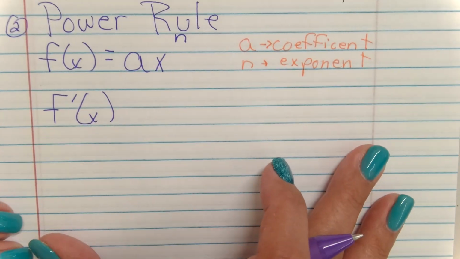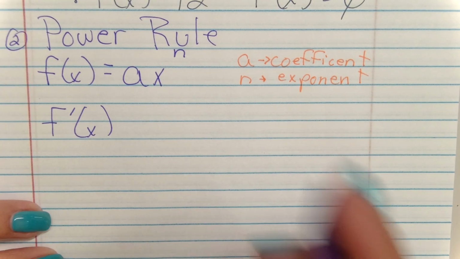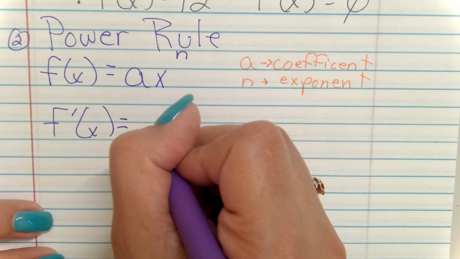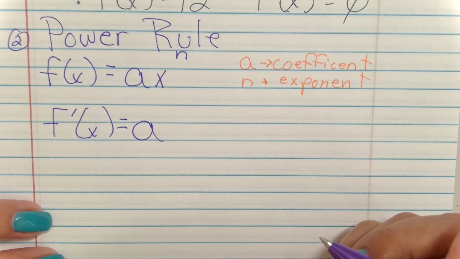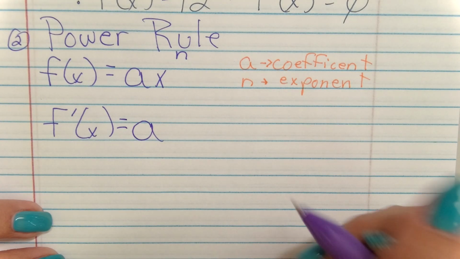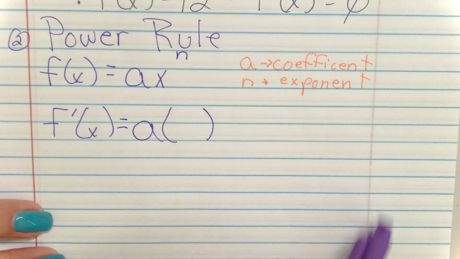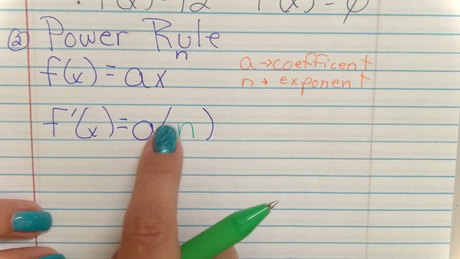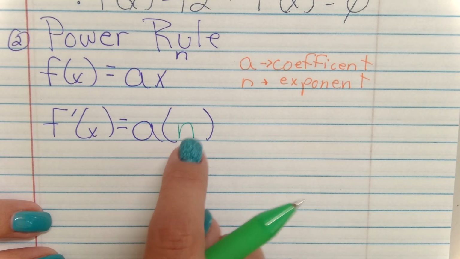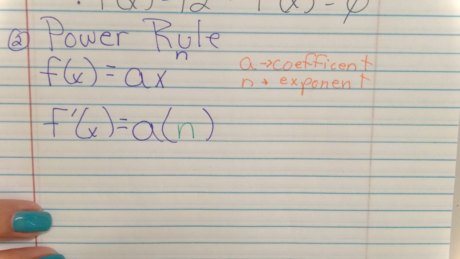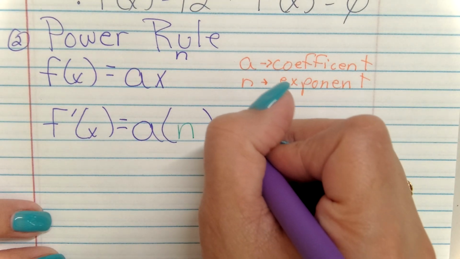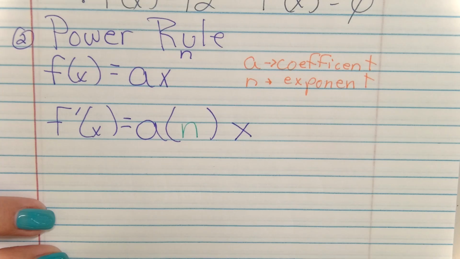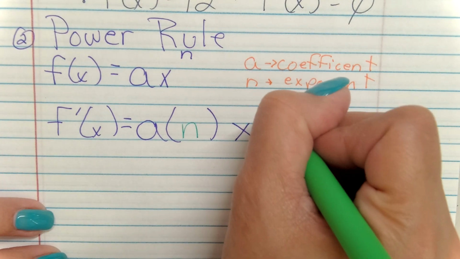The derivative says that I will take the coefficient and multiply it by the exponent. So I take the coefficient, multiply it by the exponent. I will bring down my x. And then I subtract 1 from the exponent.